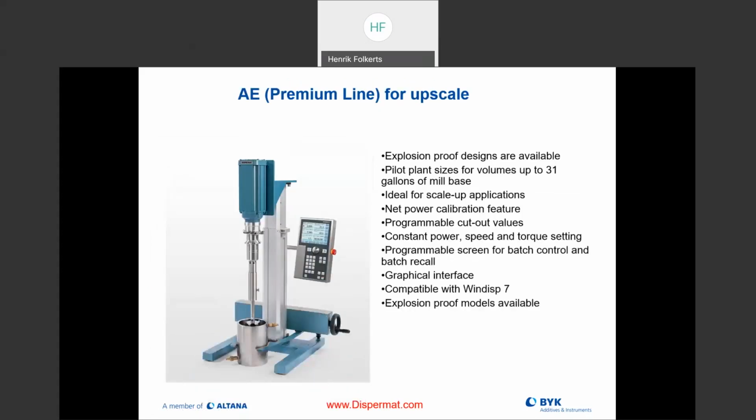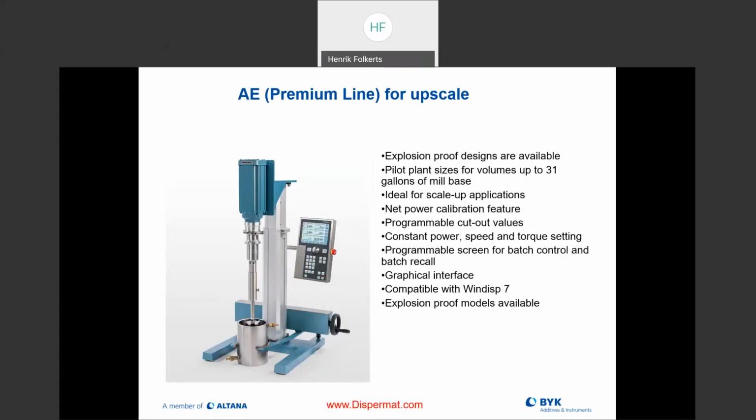And then we have the premium model dissolver, which is really nice for people that want to be in an environment where they want to log everything. They want to store batches in a database, give different products a name and store them. With this device, you can store all your data and recall it at a later time, and then run the process exactly the same way every single time.